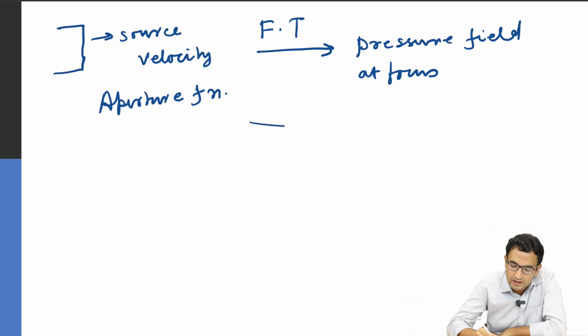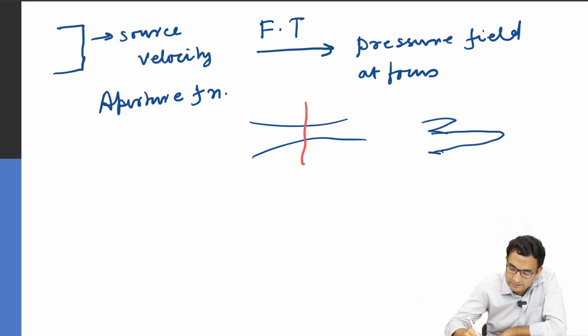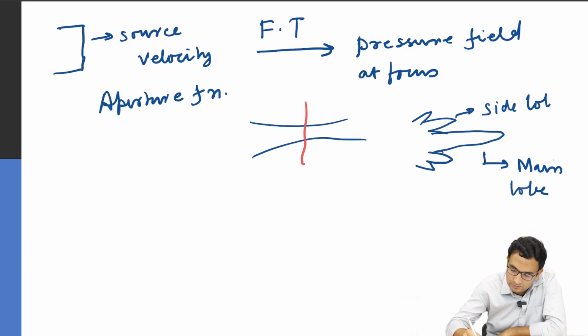So let's say this is the beam, and if you take a cross section, you may get something like this, let's say, with the main lobe and side lobes.